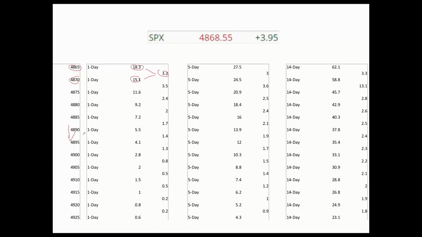So if I wanted to look at, say, the 48.95, 4900 call spread, it's right there. And this spread column right here, here, and here makes looking at the price of the vertical spread a lot easier.